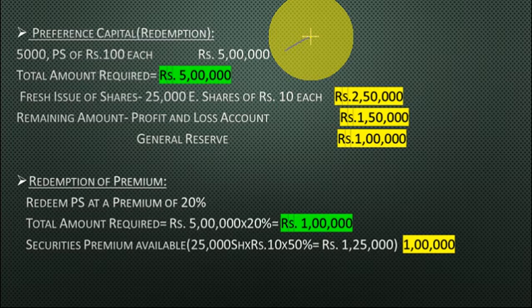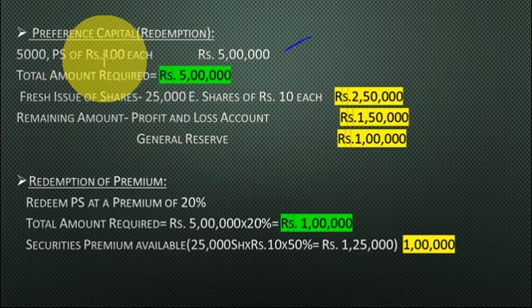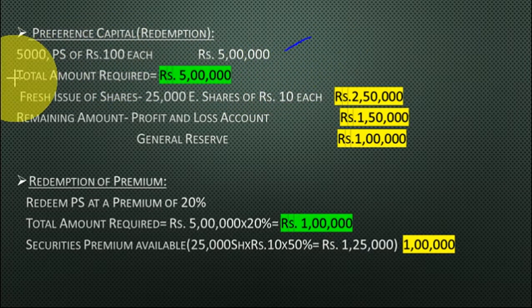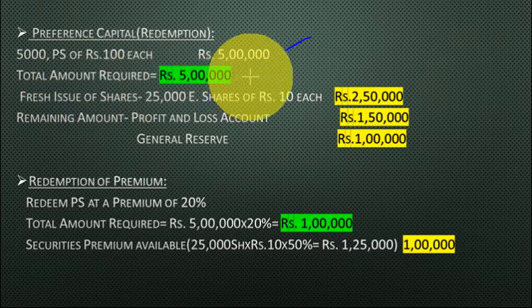That is the amount that they had collected so far. We are supposed to return the whole amount, right? We can convert the partly paid up shares into fully paid up shares, but whatever amount is there, we have to return back. So entire share capital you have to see. We have to take the full amount, not 80 rupees. So total amount required for redemption is 5 lakh to return the capital.